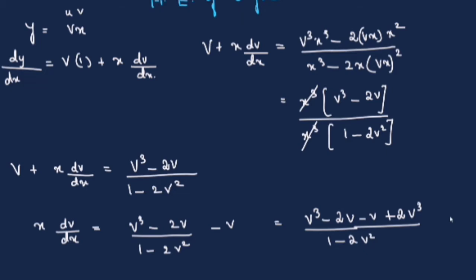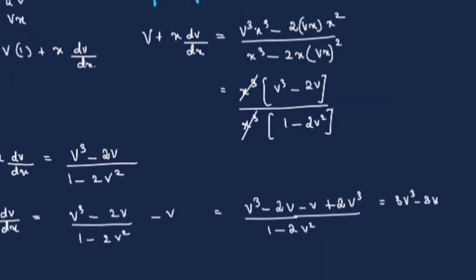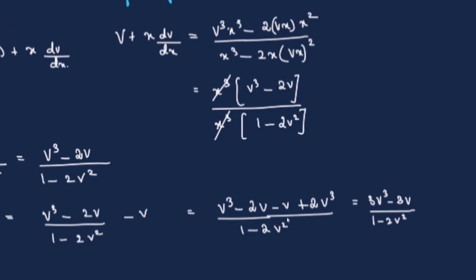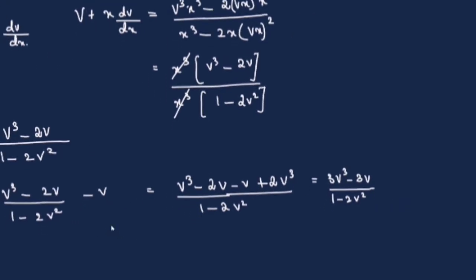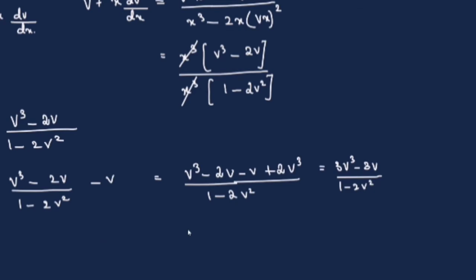That is v cube plus 2v cube is equal to 3v cube minus 3v divided by 1 minus 2v square. So we got x into dv by dx is equal to (3v cube minus 3v) by (1 minus 2v square).